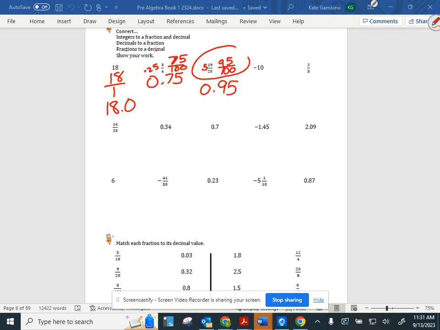Do I need to show my work? Yes. I do not want to see just answers. If you show me just answers, you do not get credit for it. I want to see the work. Down here, I want to see the work on how we do that.